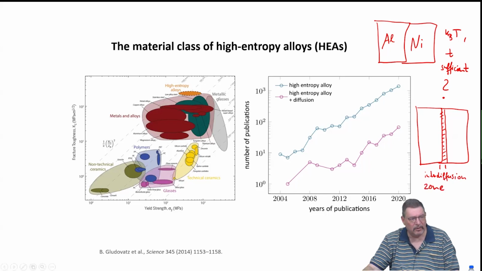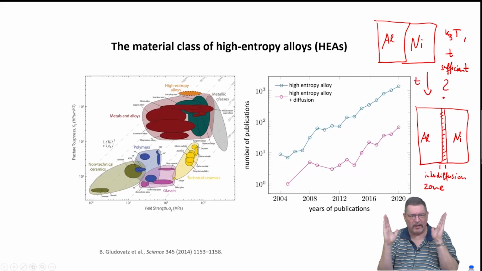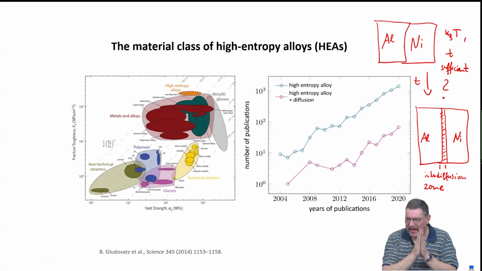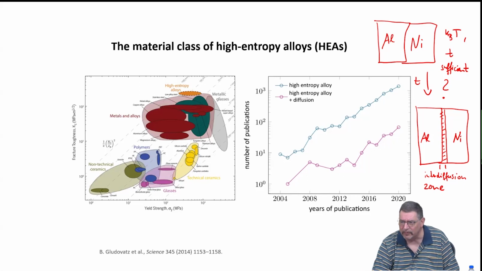Right, so when I put aluminum nickel here together, and I have a very atomically flat interface, put them together and put them at a sufficiently high temperature for a sufficiently long time. So I allow interdiffusion to happen. So after a certain sufficient time t, I have still aluminum on the left side, nickel on the right side, but I will have an interdiffusion zone.